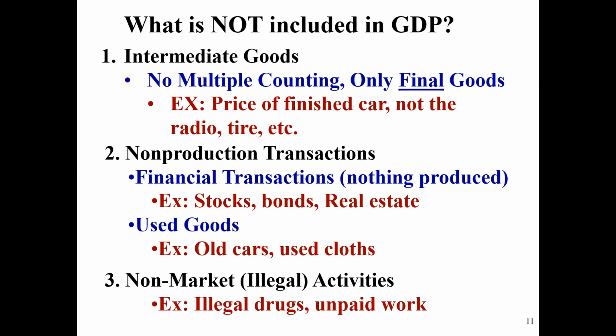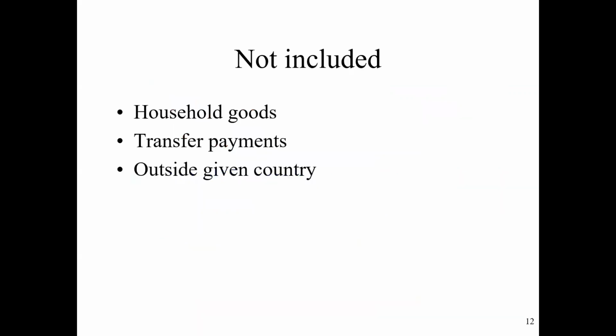Now, I'm going to add a couple of others here. What do I mean by household goods? If you're working in your own house, you're cutting your own lawn, no. Transfer payments are not part of GDP. All right. What are transfer payments? Subsidies, unemployment insurance, welfare, things the government gives people and gets nothing back in return.